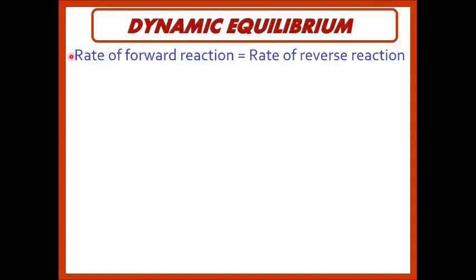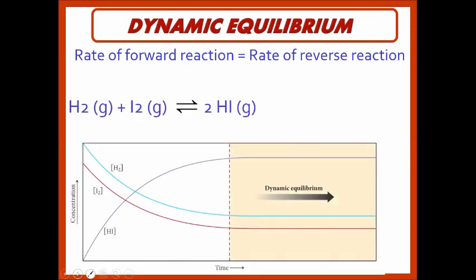So when a reaction is at chemical dynamic equilibrium, the rate of the forward reaction is equal to the rate of the reverse reaction. So if we take a look at a graph of time versus concentration of a reaction that can occur in both the forward and reverse direction, so H2 plus I2 going to 2HI, but it can also go in the reverse reaction, we observe that initially the forward reaction dominates.